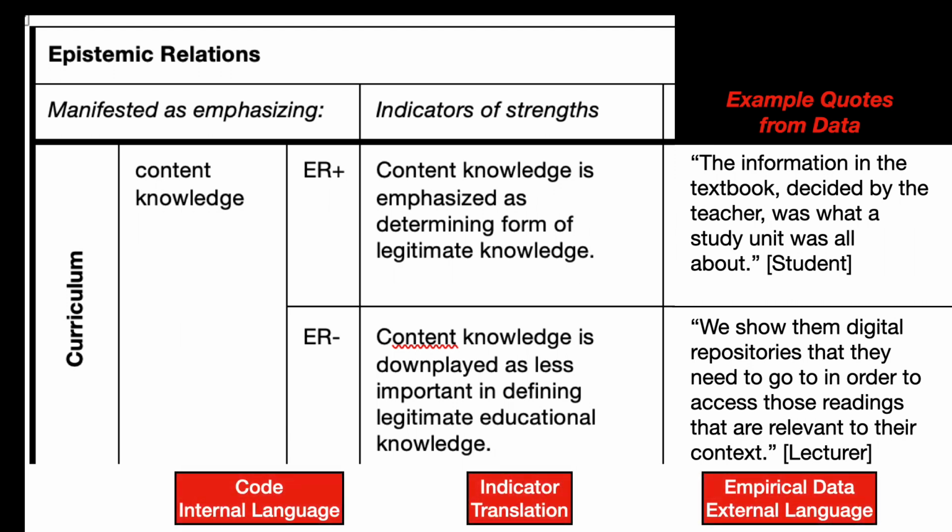We have the theoretical or internal language of the code on the left, the indicator that translates this into its empirical realization, and on the right the actual empirical realization or a sample of it. At least that's one way of reading it, where the question is, what realizes this code?